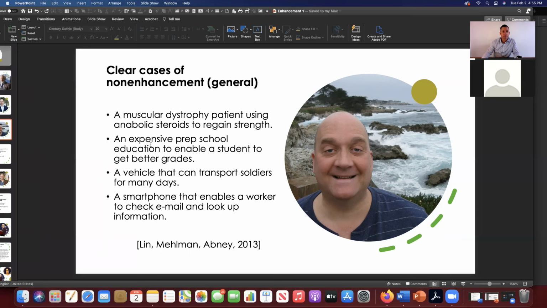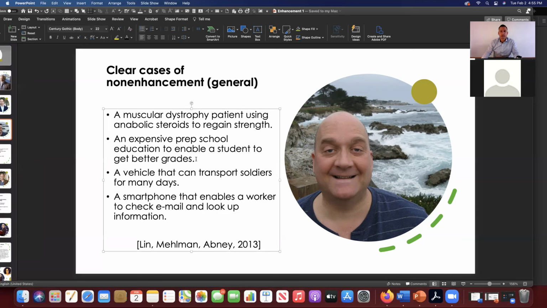An expensive prep school education to enable a student to get better grades. So this is likely one you're not going to consider therapy, but the first example does seem to be. So it seems like this is an enhancement. There is debate about this, as you can imagine. Some people would say this counts as a case of enhancement, that kind of improvement in this regard.